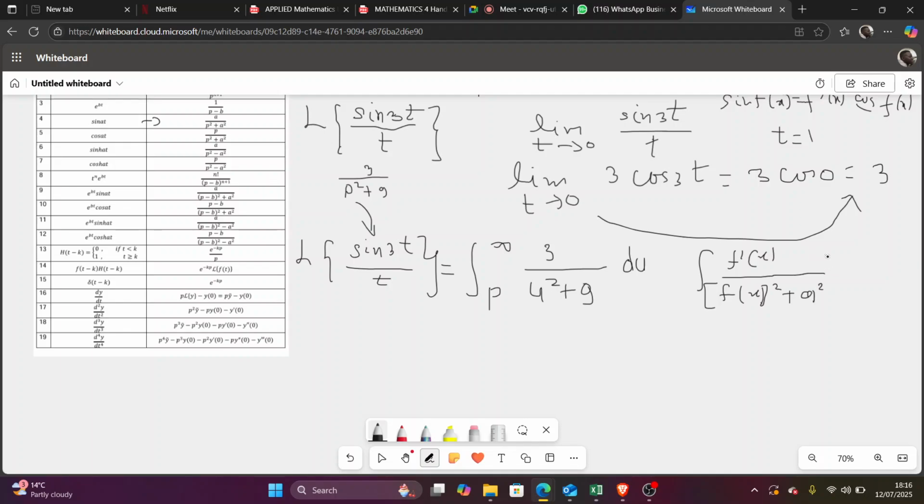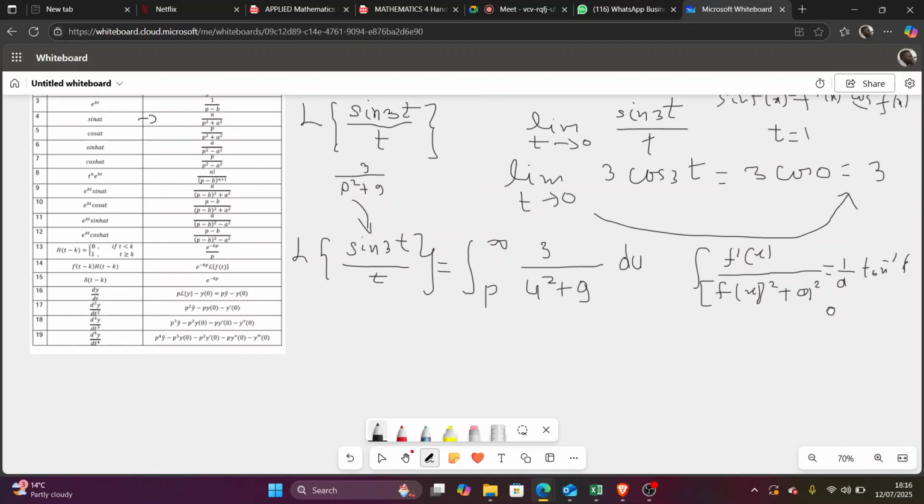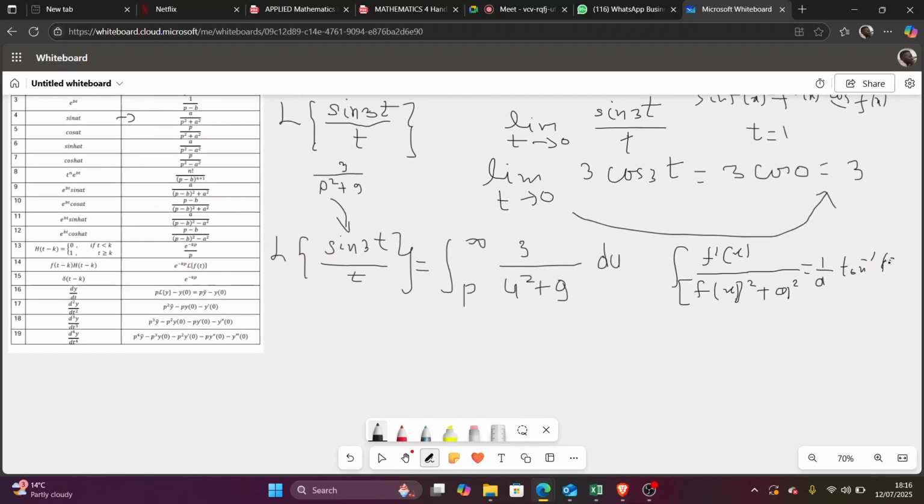The solution, they say it is 1 over a tan inverse of f of x over a. Okay, we've done this in Math 2. It's formula number 26.